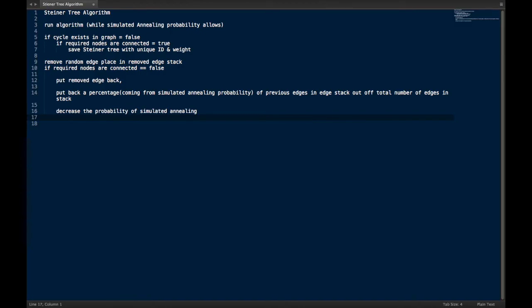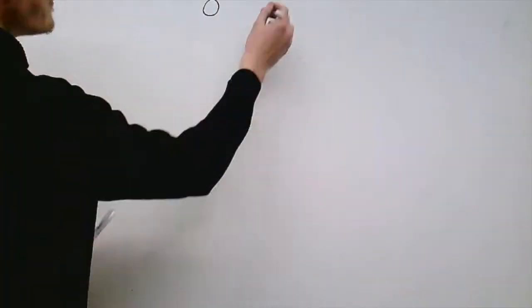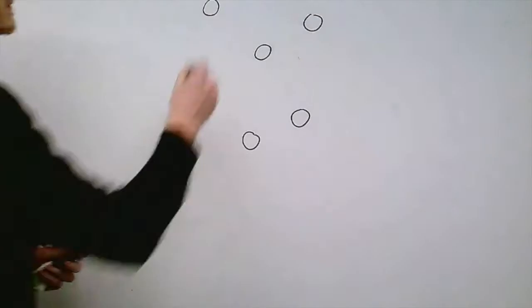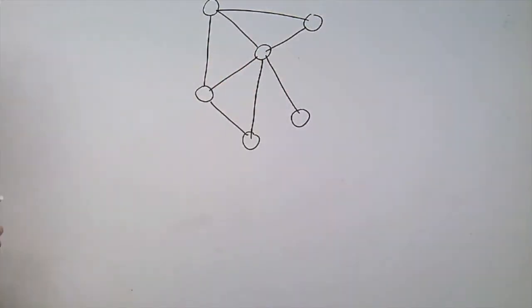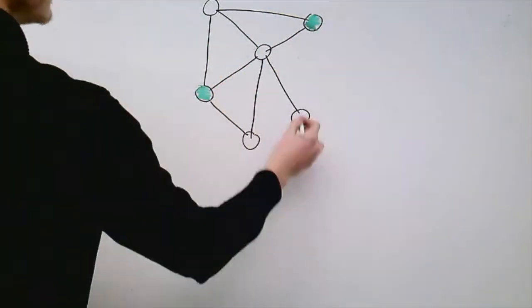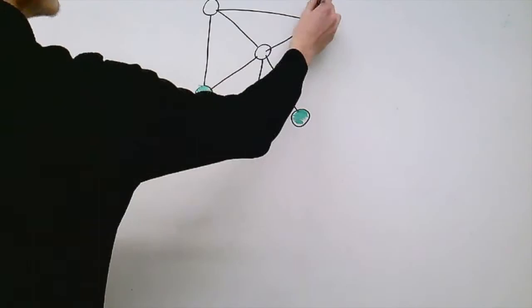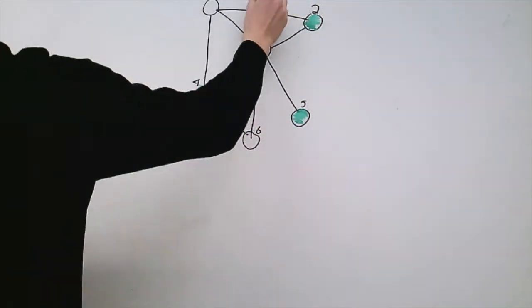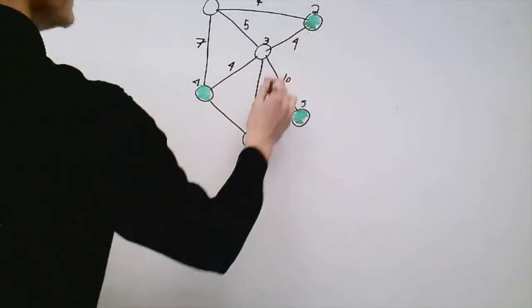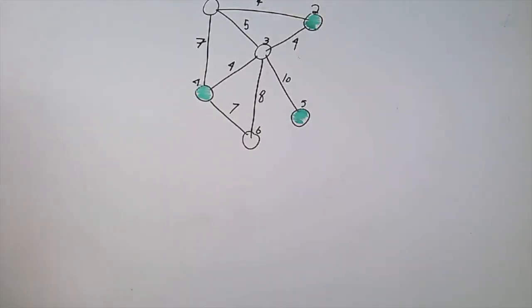Here's an example. First, I draw out a random Steiner tree with 6 different points and with weights amongst those nodes. The green nodes are the required nodes in the Steiner tree. I'm labeling the nodes just to make it easier to follow the progression.